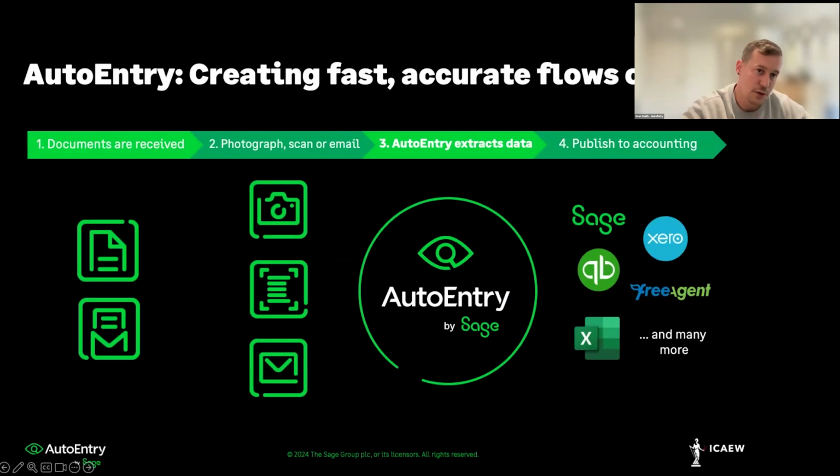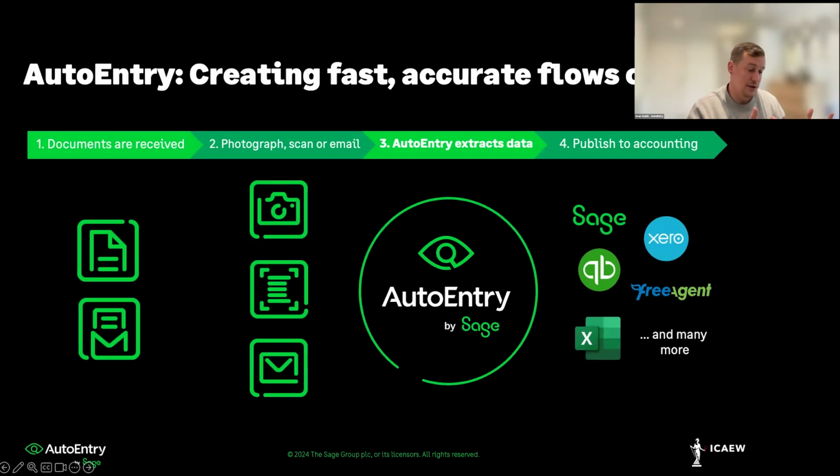So I'll just talk you through the slide that we've got here. It focuses on receipts and invoices, bills, bank statements, that kind of idea, things that you would typically manually enter. And what it does is it captures those and integrates with your accounting software, right? Left to right, you would get your documents received. Whether that's in a shop or via email, we receive them in lots of different ways now, right?